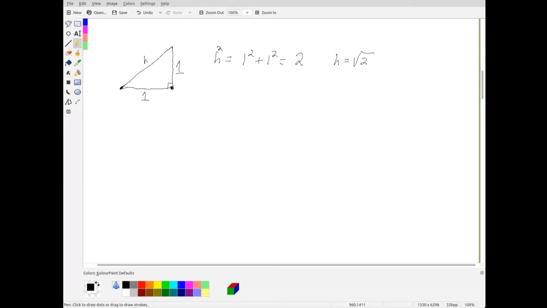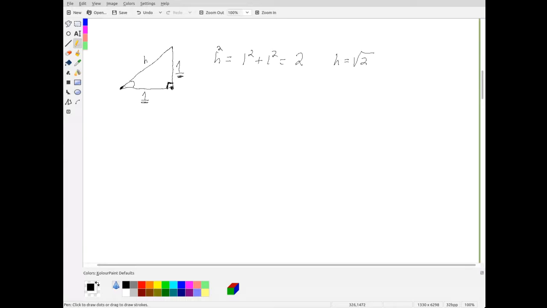But let me ask you here, if we know that the horizontal is a 1 and the vertical piece is a 1, what is this angle right here? Do we know how many degrees that is? This is 90 degrees right here.